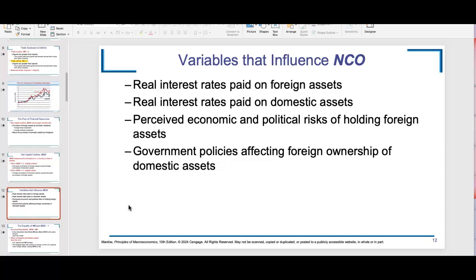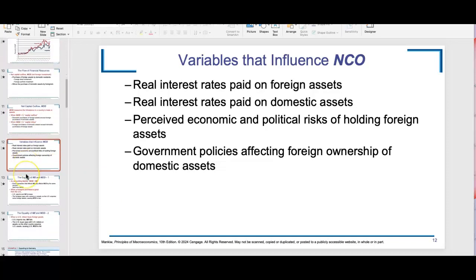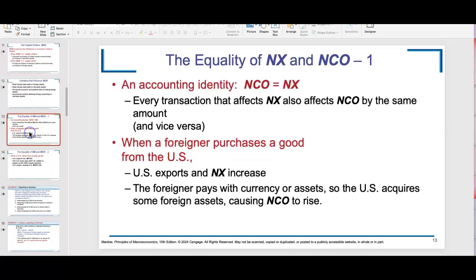For example, if you're taxed more, right? Government policy might discourage foreign ownership and foreign investments into other countries. So government policies, economic and political risk, and the real interest rates paid on domestic assets and foreign assets all influence the way the capital flows back in and out of a country.